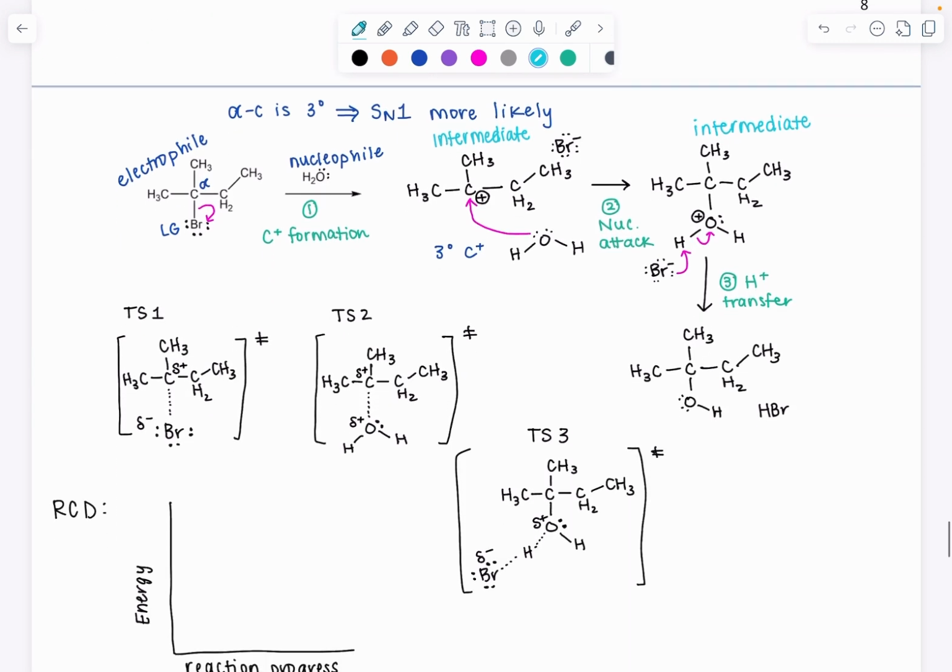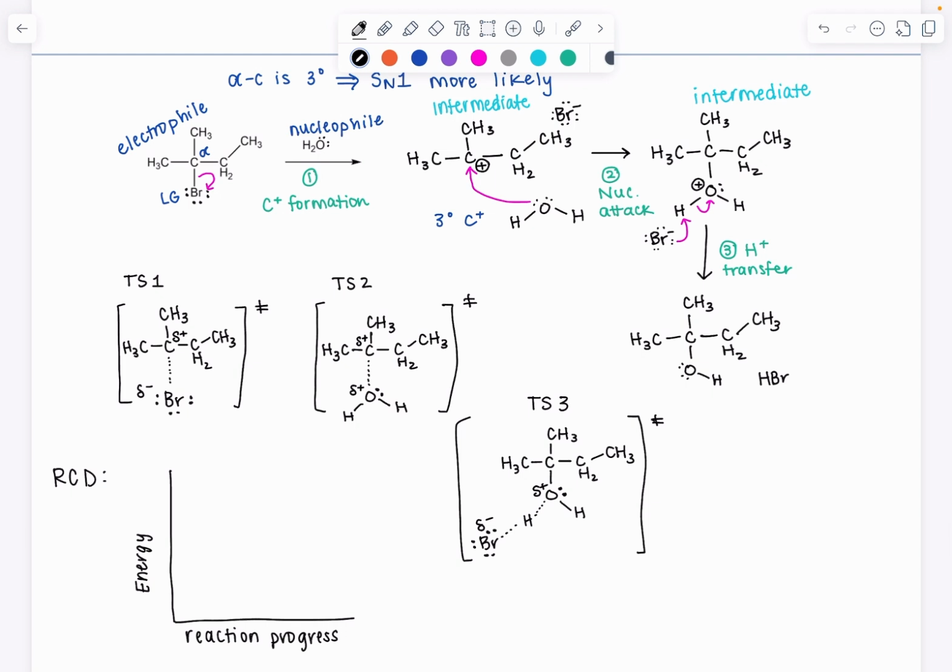So let's just set up where everything's going to be. I'll start with starting material and product. I put product lower energy than starting material because it is exothermic. I actually think I'll move this over a little more so we have space for all 3 steps. Then we form 2 intermediates. So let's put those in. We know that the first step of SN1, the carbocation formation, is rate determining.